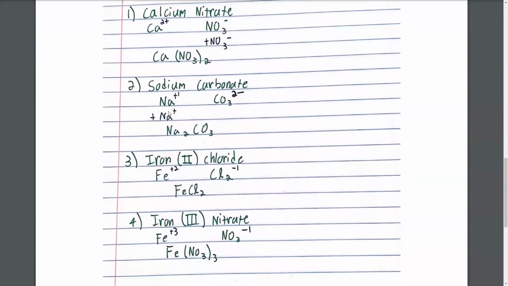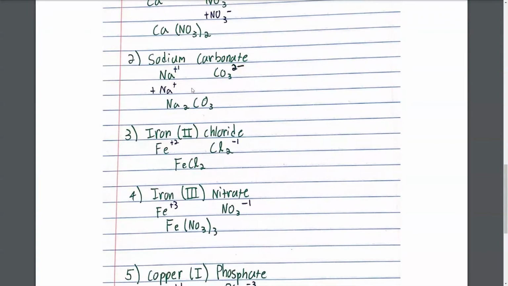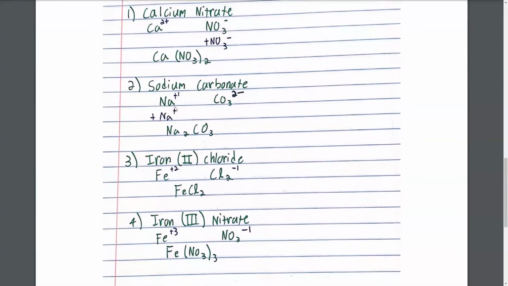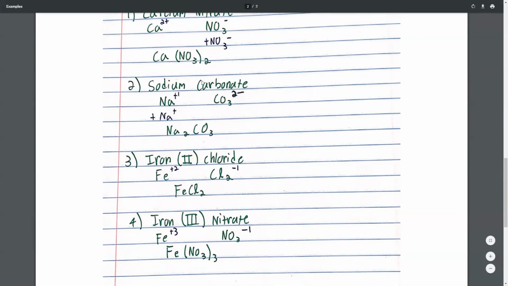For the second example, we have sodium carbonate. Sodium is Na, and sodium has a +1 charge, and carbonate has a 2- charge. So it'd be the opposite of the previous one. We're adding a sodium in order to balance out carbonate. So we would have Na2 because we added one, and then CO3 just comes straight down.